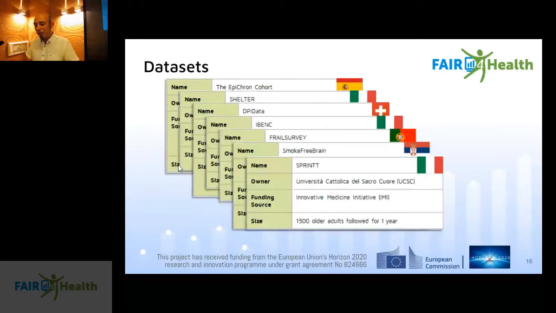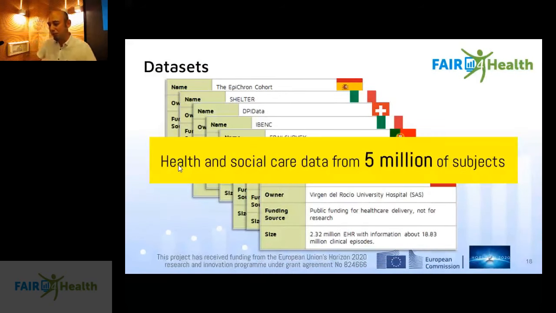Altogether, we count on 8 different data sets coming from 5 different institutions, from Spain, Italy, Switzerland, Portugal, and Serbia. Some of them are coming from research, so they are of very high quality. They have gathered very good quality data. And we also have the electronic health records or hospital information systems from 2 hospitals.